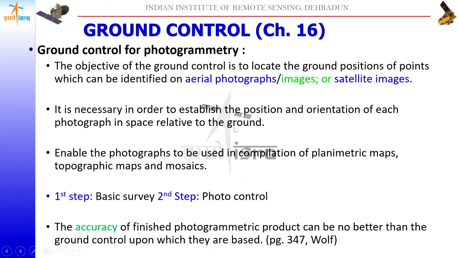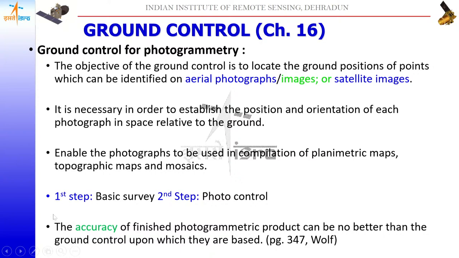This is the ultimate goal of satellite data: to physically represent all the information available on the earth, and enable the photographs to be used in compilation of planimetric maps, topographic maps, and mosaics.